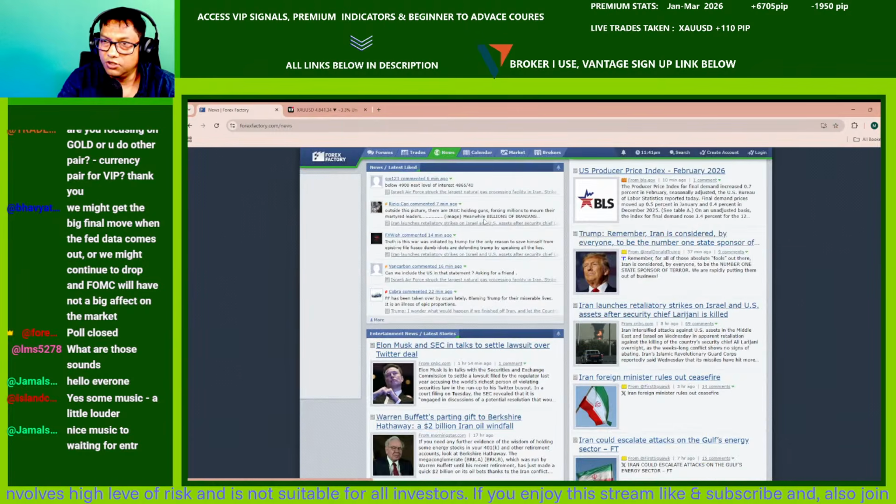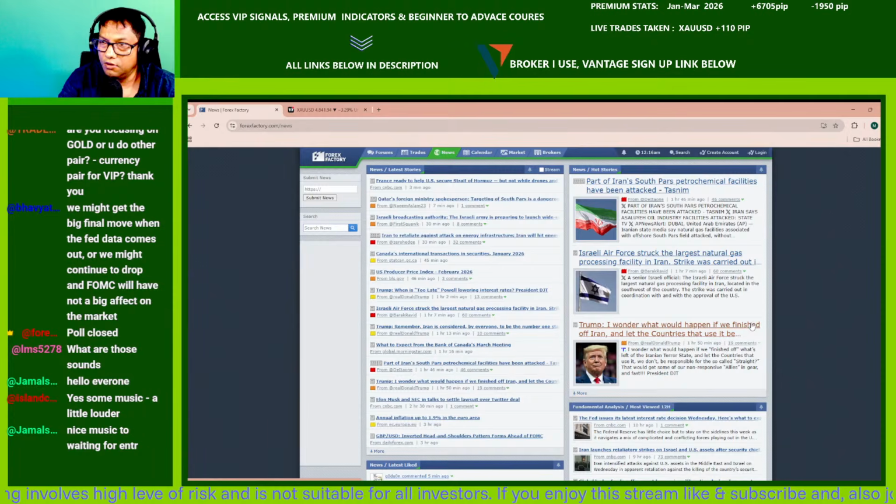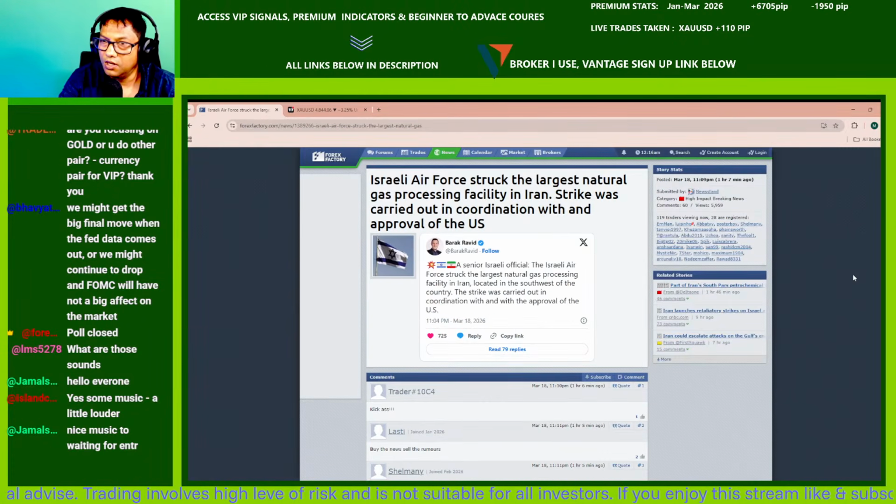Is there any other news that came out? Okay, so that's one of them. There is another one that came out. The Israeli Air Force struck the largest natural gas processing facility in Iran. The strike was carried out in coordination with the US.